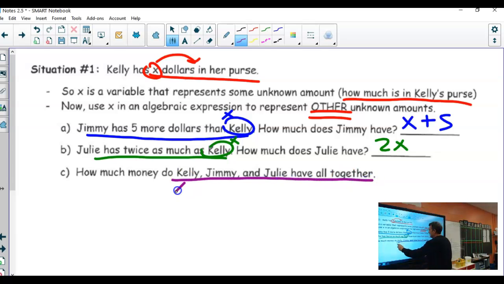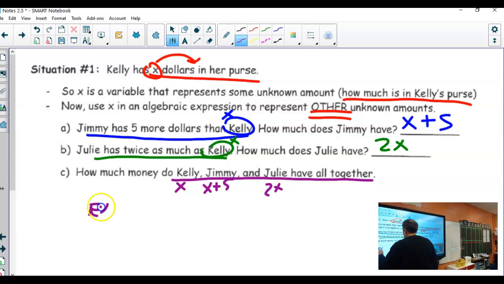Well, I know that Kelly has X, Jimmy has X plus 5, and Julie has 2X. All right, I already got those amounts. So how much they have all together would be those amounts added together.